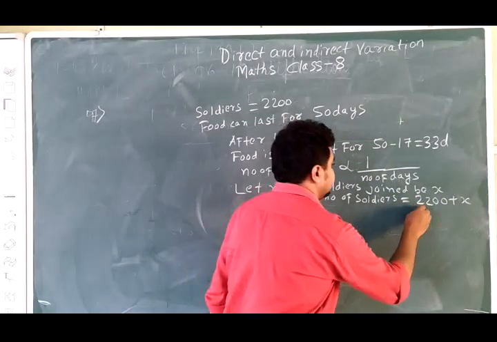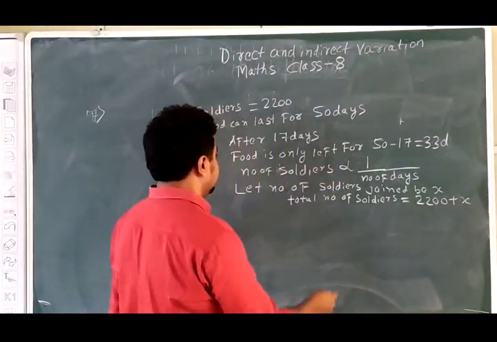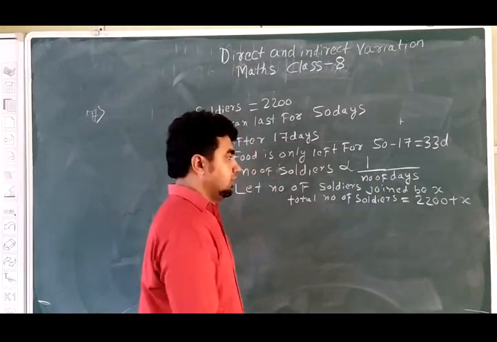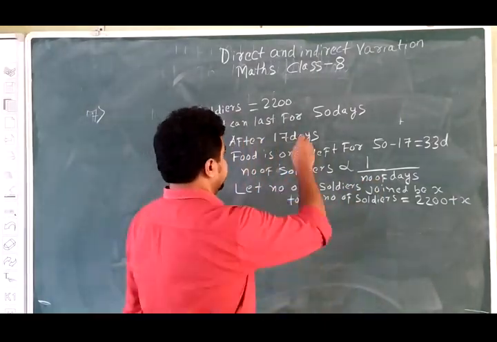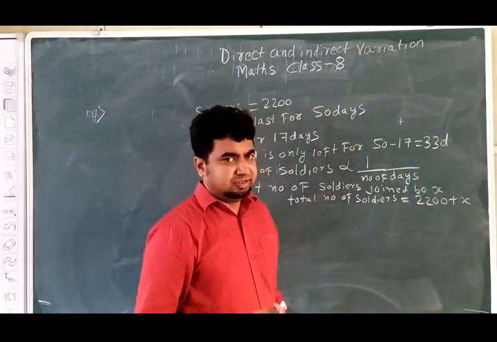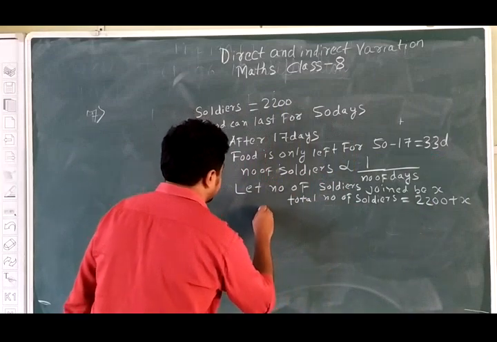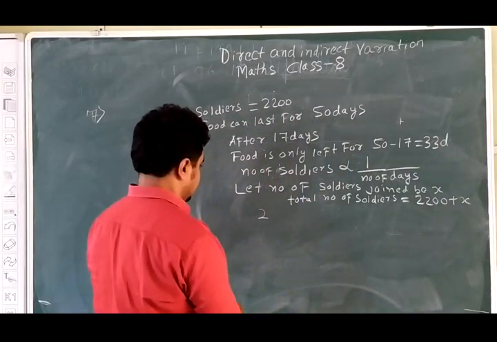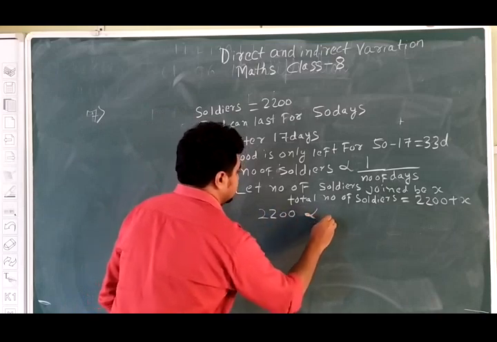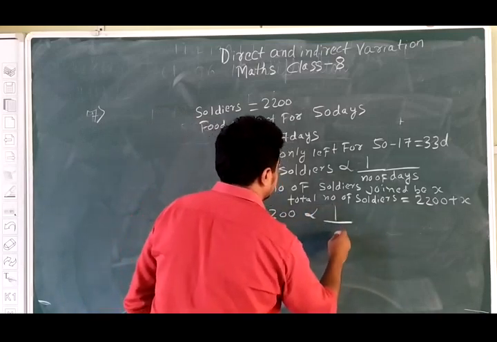This will be the total number of soldiers. So from here, number of soldiers is inversely proportional to number of days. Initially, there were 2200 soldiers and they have consumed food for 17 days, so the food left is for 33 days. So we can write here 2200 is proportional to 1 by 33.